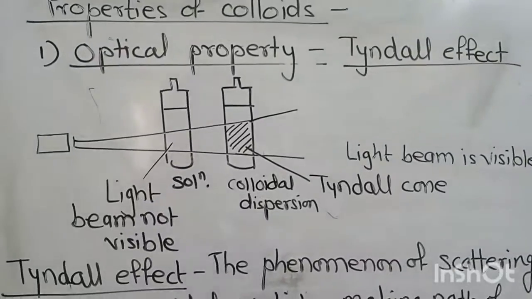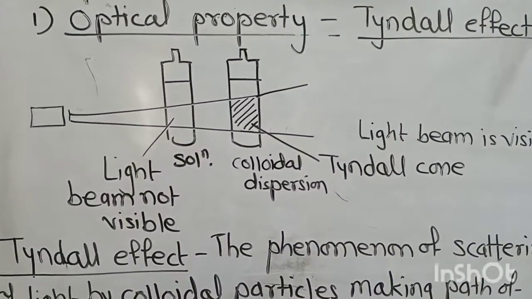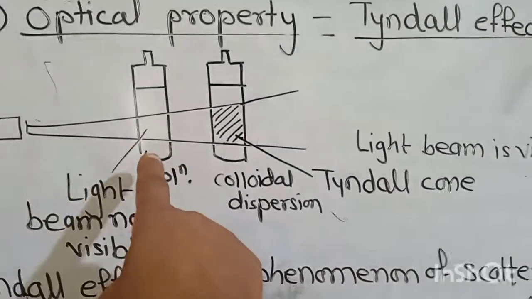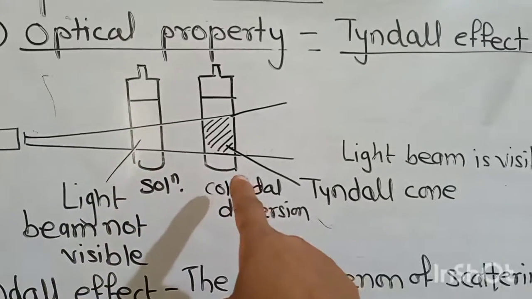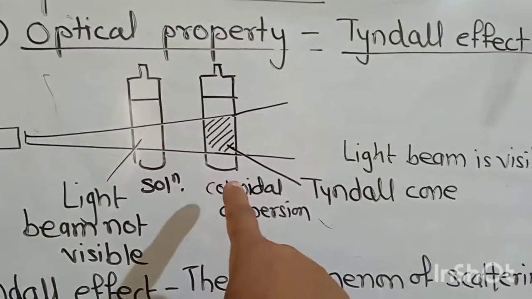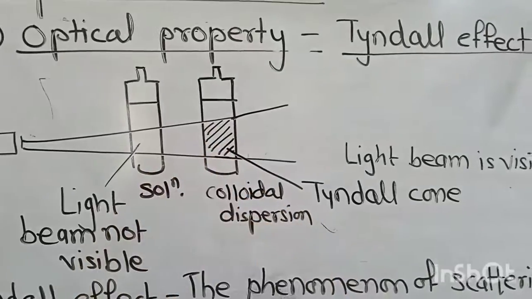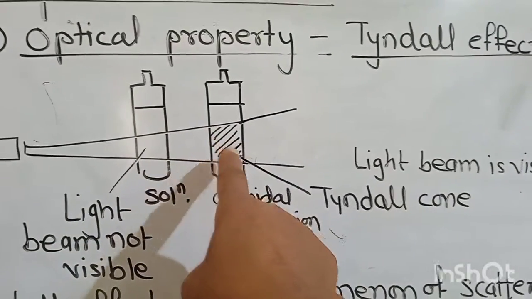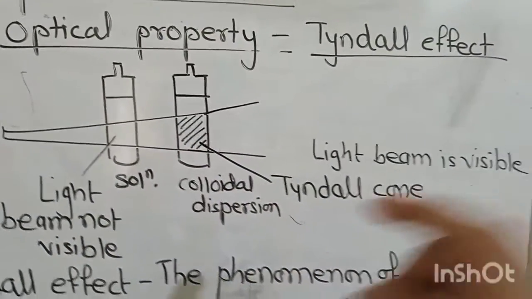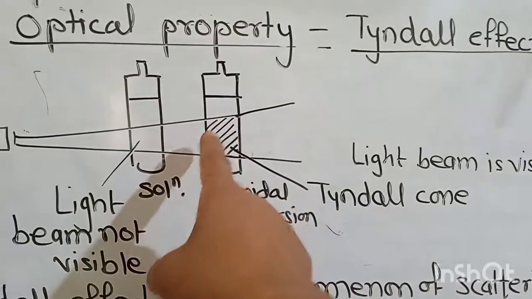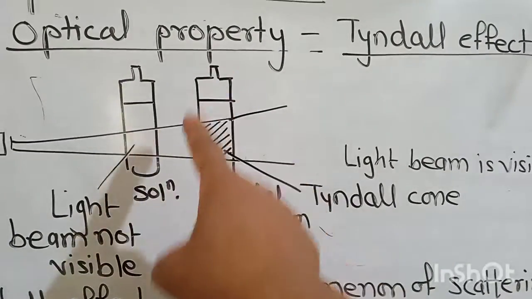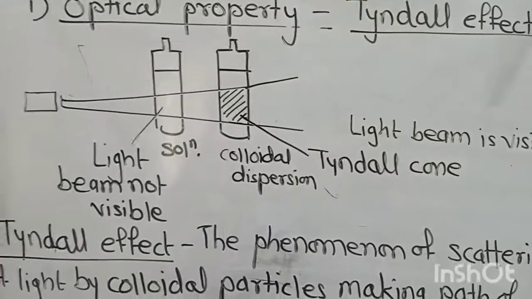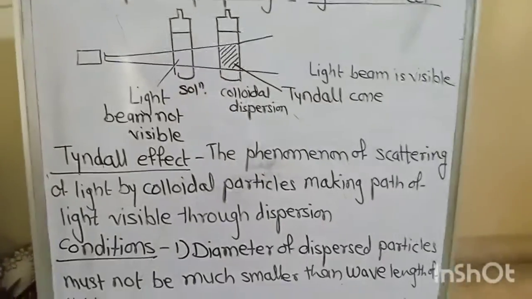Tyndall observed that when we pass light through a true solution, the path of the beam is not visible. But when it is passed through a colloidal solution, a colloidal dispersion, the path of light is visible. This cone is called the Tyndall cone. You can see that the path of the light beam is visible when it is passed through a colloidal dispersion. This effect is called the Tyndall effect.